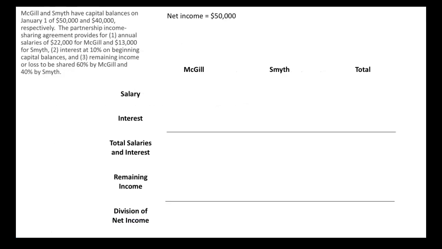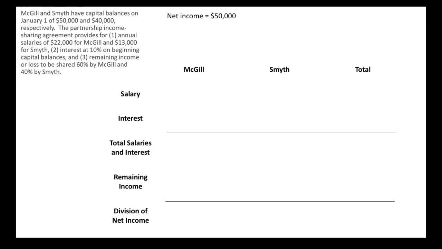So we're going to set up this schedule here. So let's just look at what's up at the top. We have our two owners and then a total column, right? So we'll write those up at the top of our table. And then over on the left side, we have the annual salary that we were told that each of our owners get, our interest on the beginning capital, and then we have total salaries and interest, where we just add up our salary and our interest amounts.